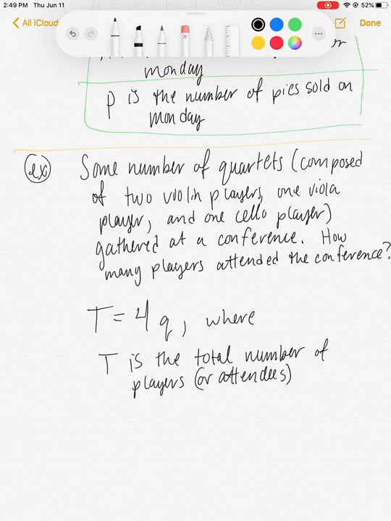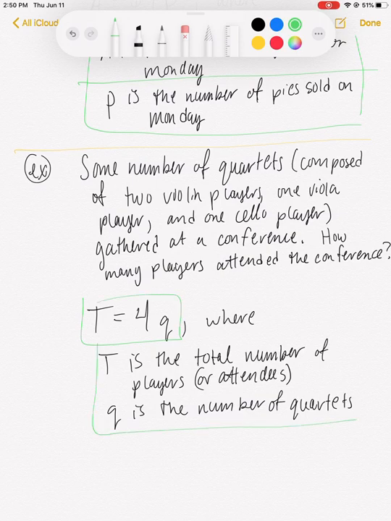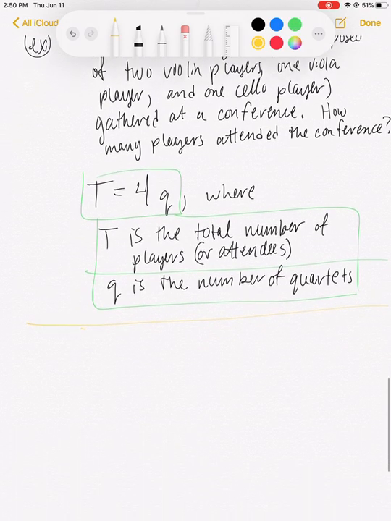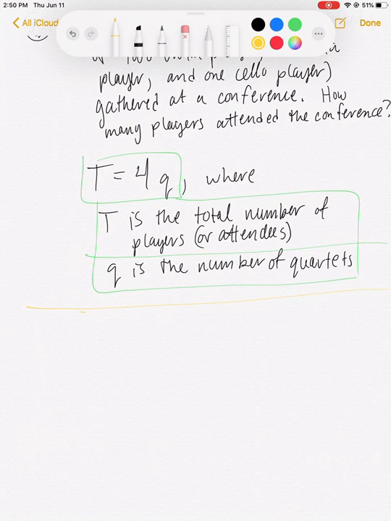Q is the number of quartets. The equation is T equals 4Q. T is the total number of players or attendees to the conference, and Q is the number of quartets.